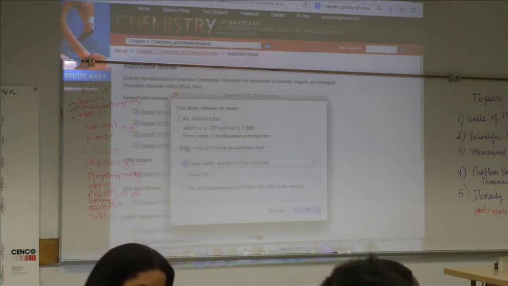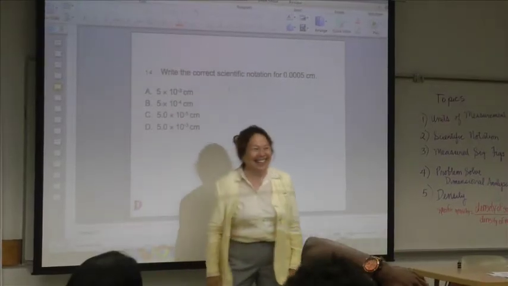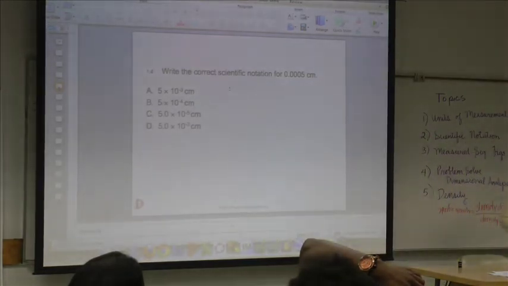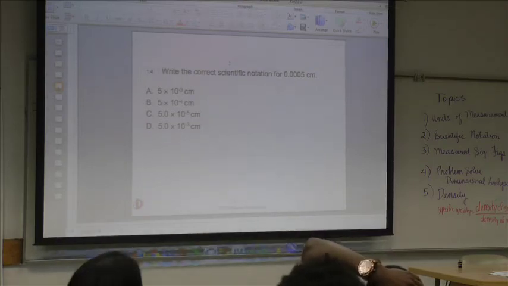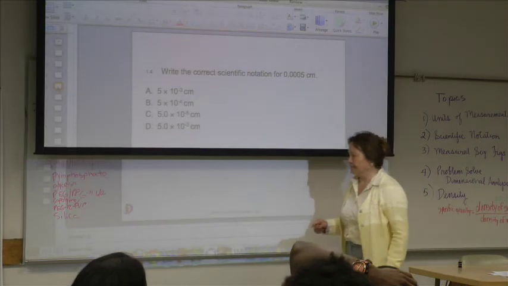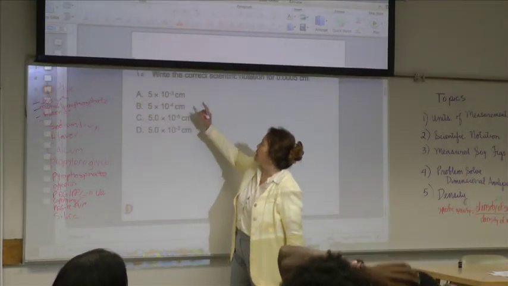So remember the 4 things. It's B, because there are 4 zeros. No, that's actually 3 zeros. Why is it B? 1, 2, 3, 4. You count the 5 as well? It's negative, because scientific notation is very easy.